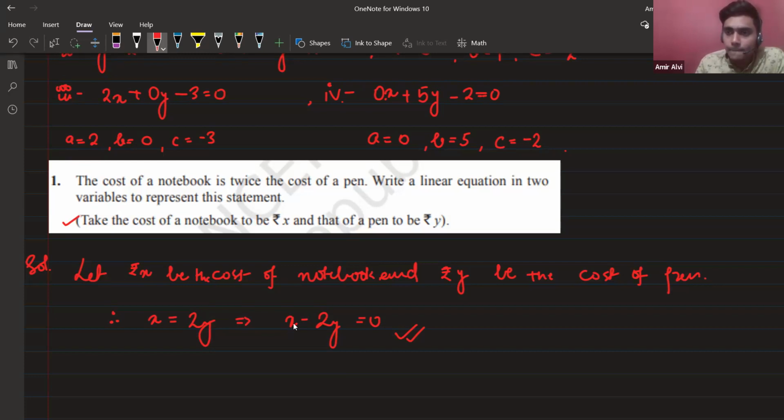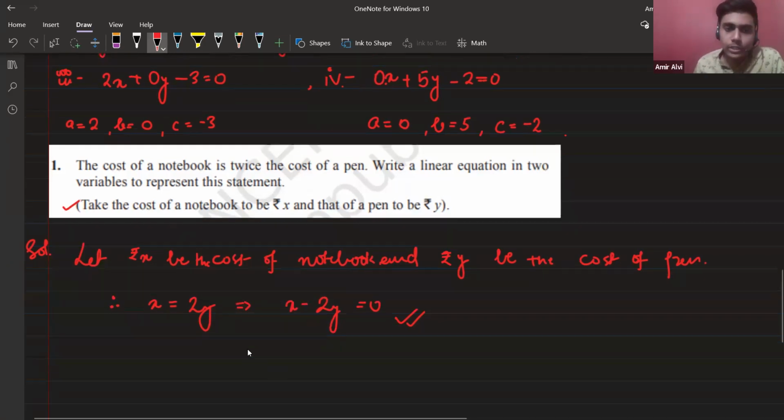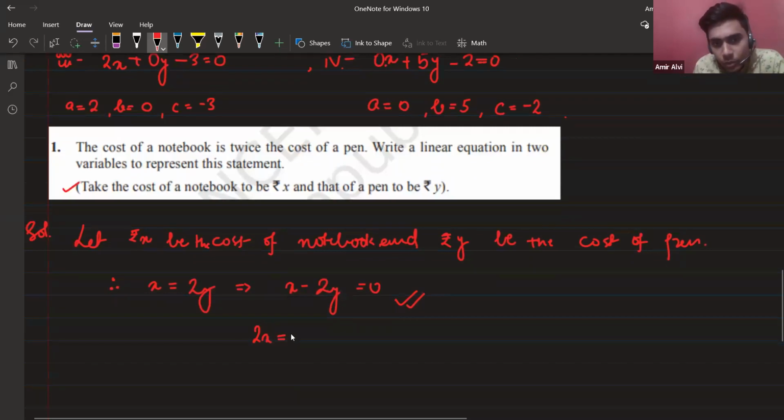If we take the assumptions and write 2x minus 1y equal to 0, will that be correct in this question? No, the solution will not be correct. Why? Simrat, you are saying that 2x equals y.